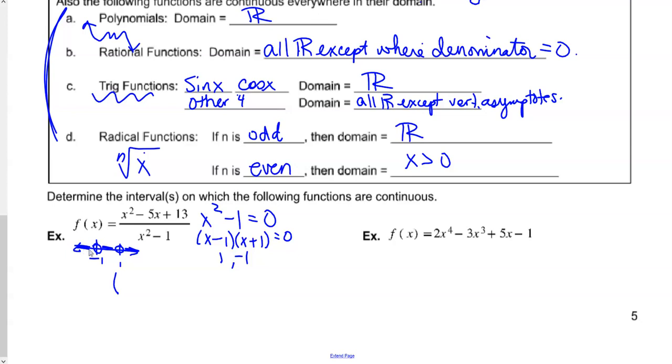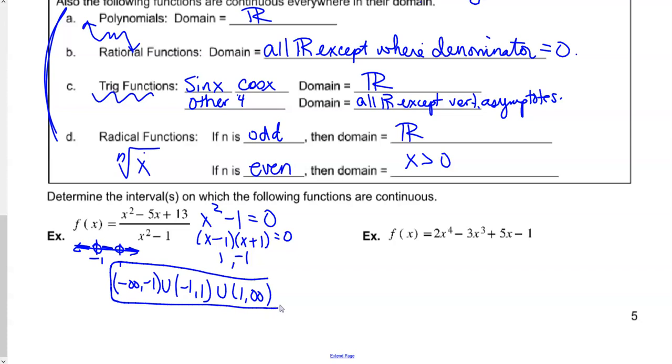So I'm going to go from negative infinity to negative 1. Then I'm going to skip over negative 1 and go from negative 1 to 1. Then I'm going to skip over 1 and go from 1 to infinity. So it's a union of 3 intervals here. It looks like 3 ordered pairs, but remember that's interval notation, therefore it is representing those numbers between those.